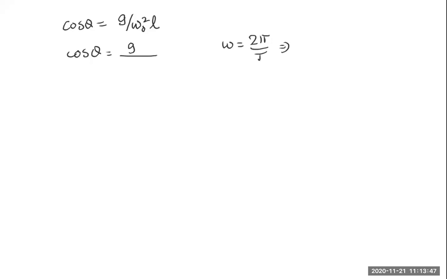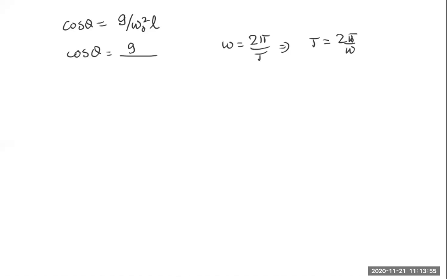So if cos theta is equal to g by omega naught square L, then I get cos theta is equal to g by... now remember, omega is equal to 2 pi upon T. So this implies that T is equal to 2 pi by omega. This was the original relationship that I told you.